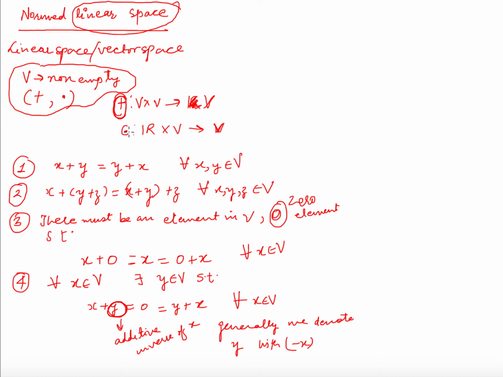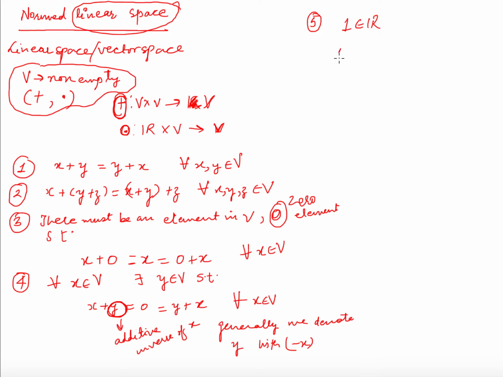Now let us see what this dot operator should satisfy. That is the fifth property. We know that 1 already exists in R, 1 is a real number.